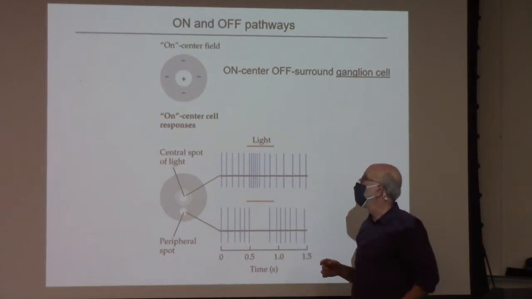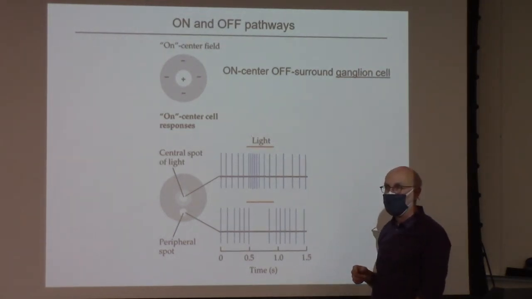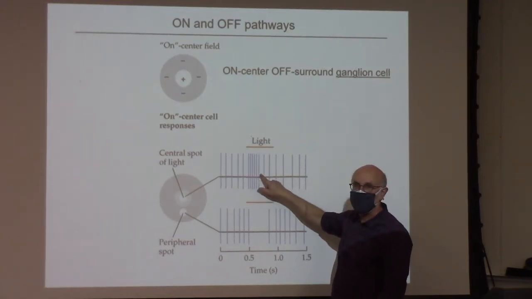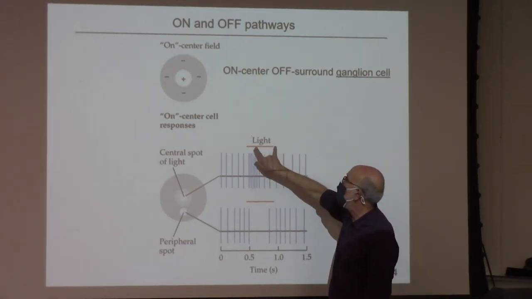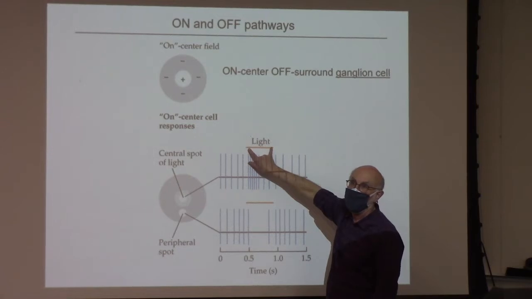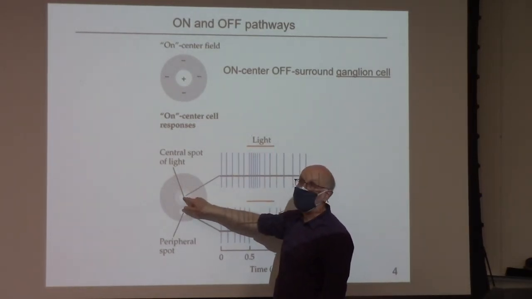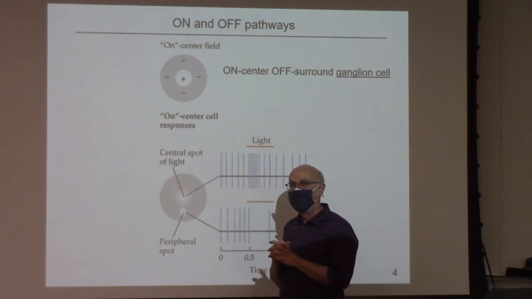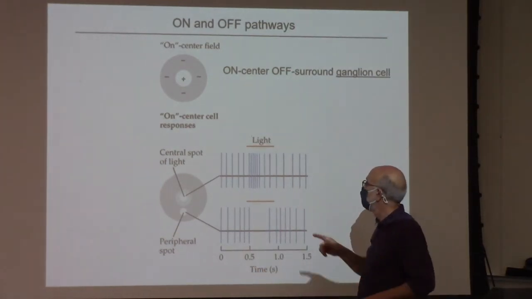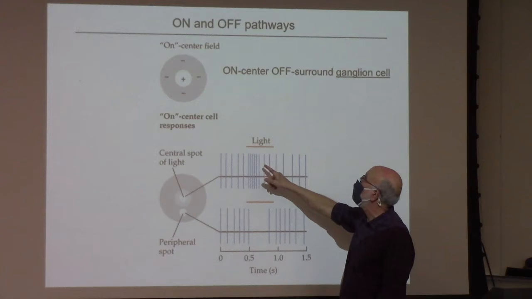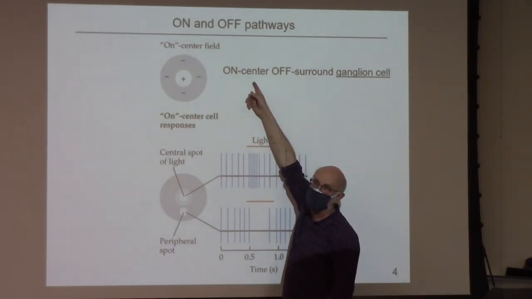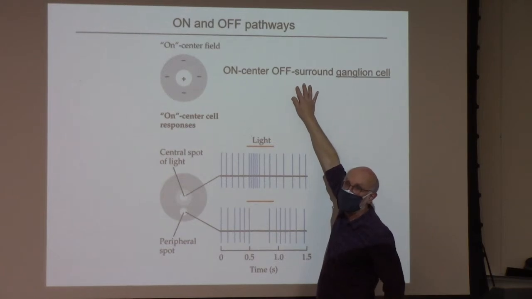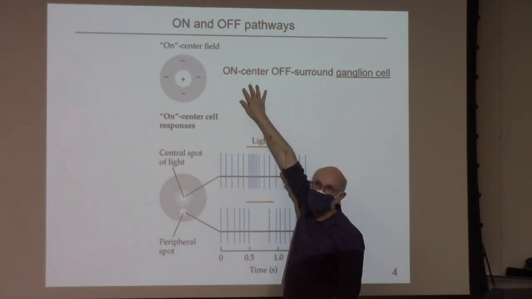Now here's the key. There are ganglion cells whose frequency of action potentials goes up when light is shined on the center of that area. These are the so-called on-center cells. Let's not worry about the fact that they are also off-surround. They are on-center.